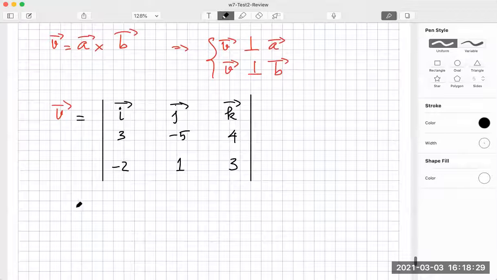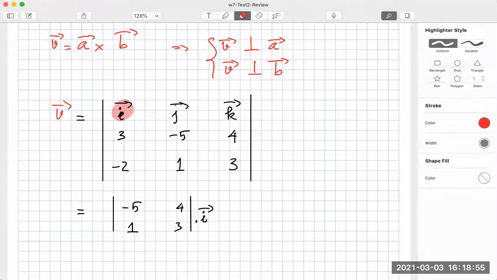Anyway, the determinant of order 3 gives us the determinant of -5, 4, 1, 3 times the vector i. When we expand in the i position, we cross out the column containing i and the row containing i, which leaves us the determinant of order 2 here.